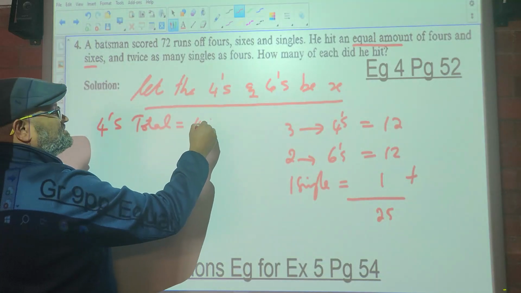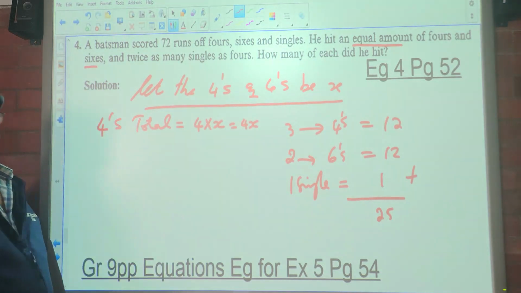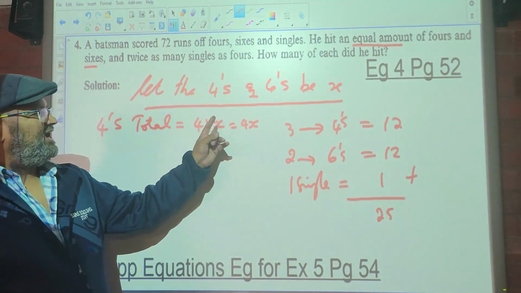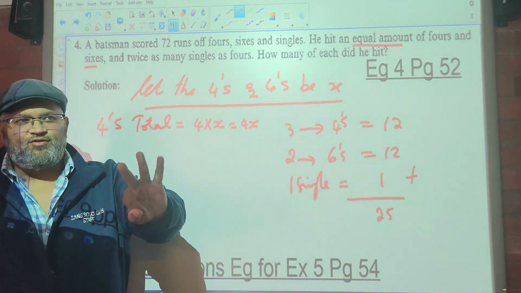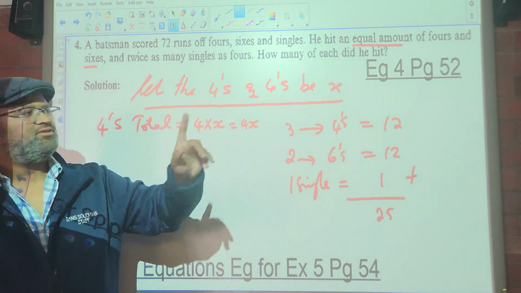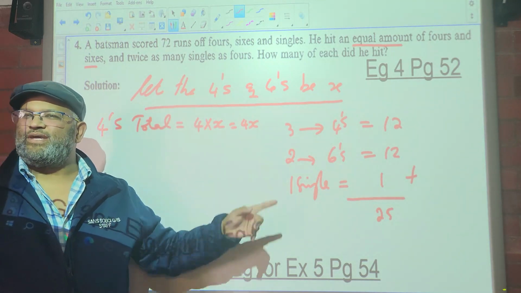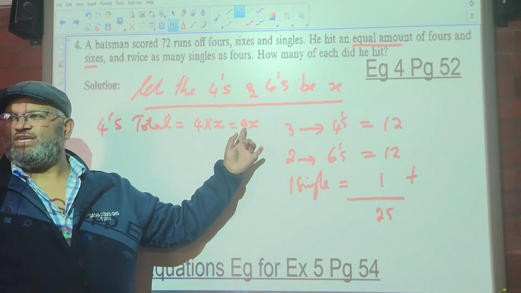It will be 4 times x is equal to 4x. You all agree with that? So look at it this way. If we had hit 1 4, 1 times 4 is 4. If we had hit 3 fours, 3 times 4 would have given you 12. 4 fours, 16. Well, how do we get that? 4 times whatever amount of fours he hits.